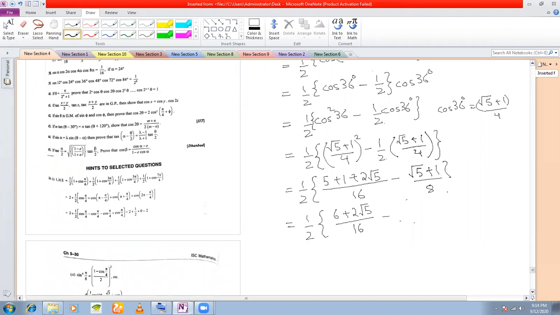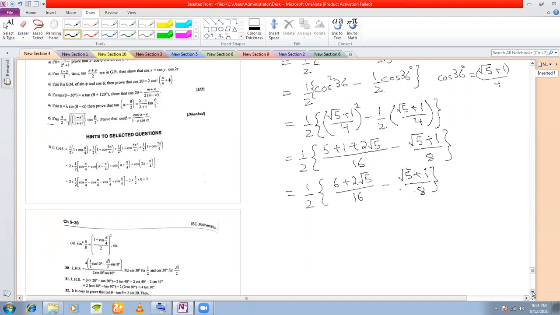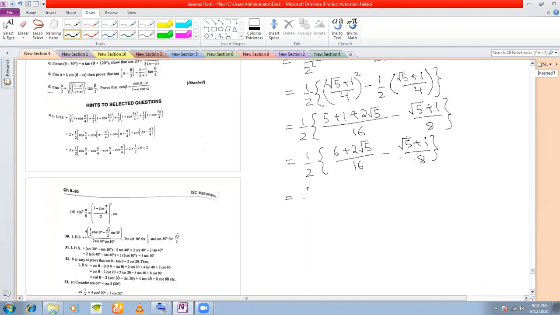Now you take the LCM. Half, 16 is your LCM: 6 plus 2 root 5, minus twice root 5 plus 1, minus 2.